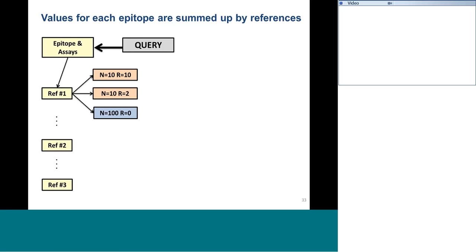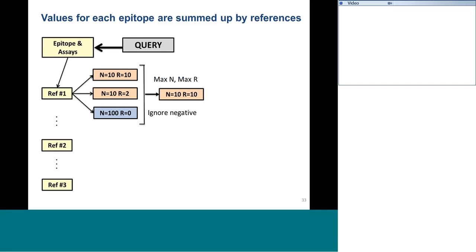We have responding subjects. And one assay, maybe even from a different study, but in that reference, has N, for example, 100, but R 0. So that's a negative response, and what we do is ignore the negative. While in some cases it might not be correct, we need to think about what we are doing when we query.